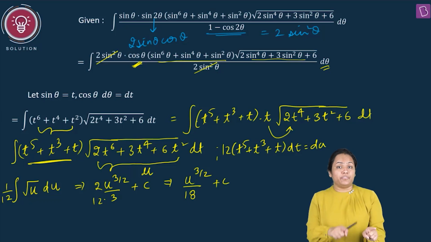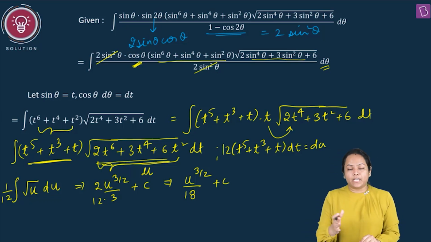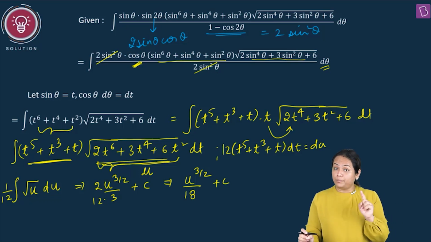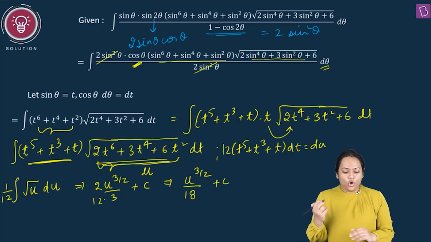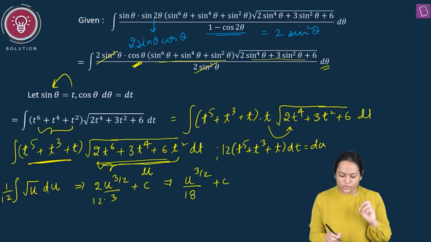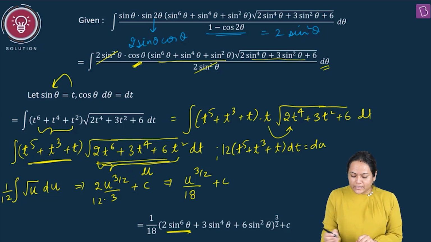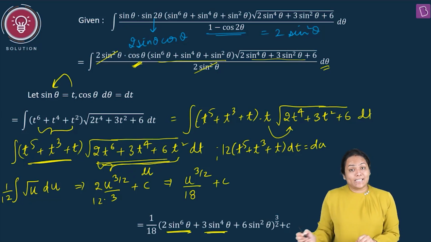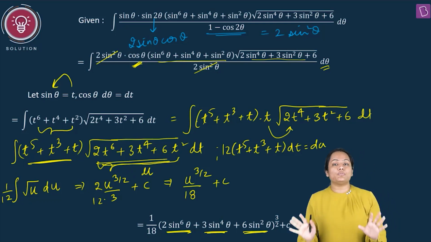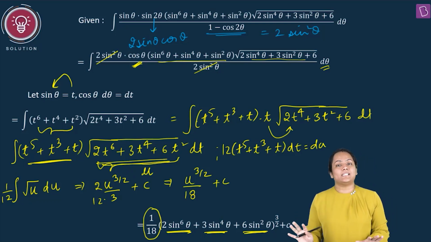Now in place of u, what we are going to substitute? In terms of t, 2t raised to 6 plus 3t raised to 4 plus 6t square. And obviously in place of t, we can directly substitute sine theta. So finally, I'll have this expression with me: 2 sine theta raised to 6 plus 3 sine theta raised to 4 plus 6 sine square theta, whole raised to 3 by 2, multiplied by the constant 1 by 18, plus c.